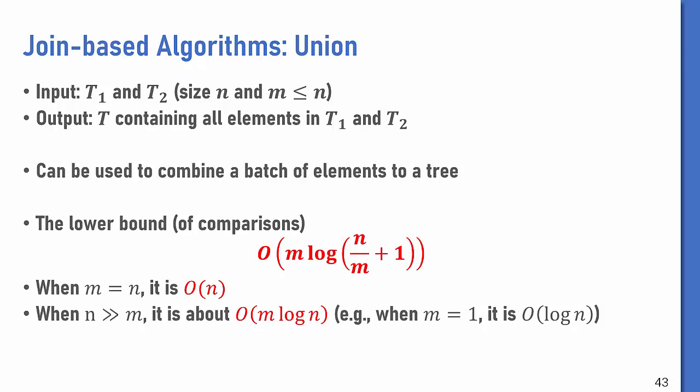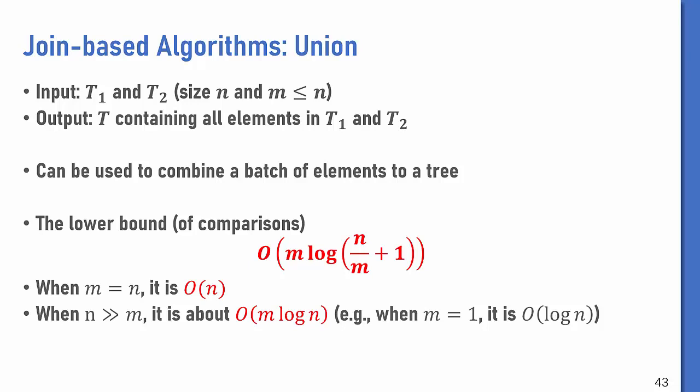So the lower bound of doing this for two trees of sizes m and n, where m is no greater than n, is order of m log(n/m + 1). This bound may look a little complicated at first glance, so let's first try to understand it in two special cases.